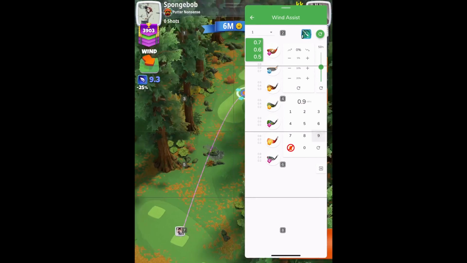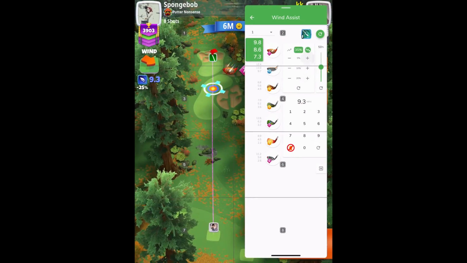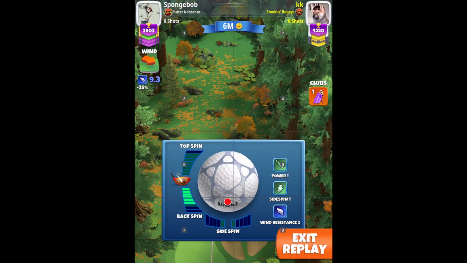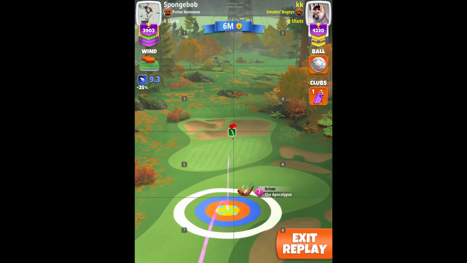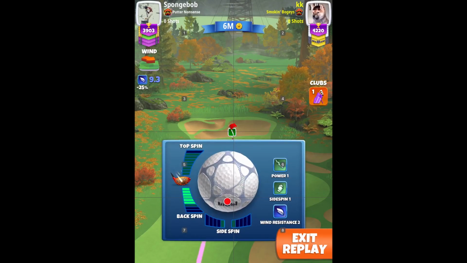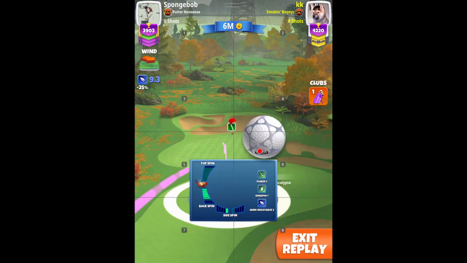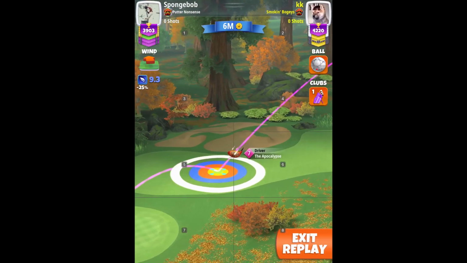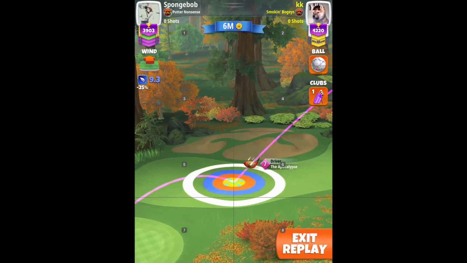Here's a left to right head crosswind that I'm going to do a driver shot on. I'm going to start with 6 backspin and find where I want to aim at, which is right around there. Then I'm going to do 1 left spin. I'm going to adjust plus 35% mid.